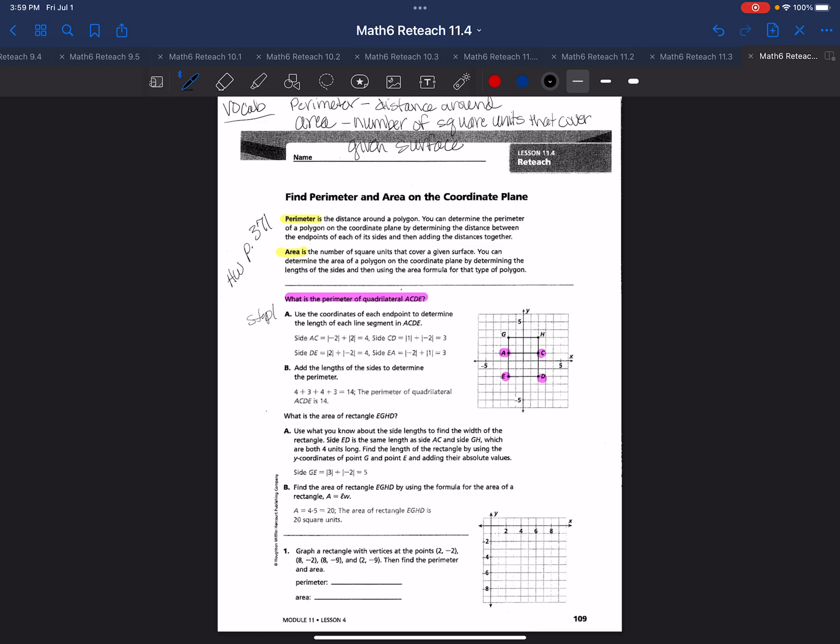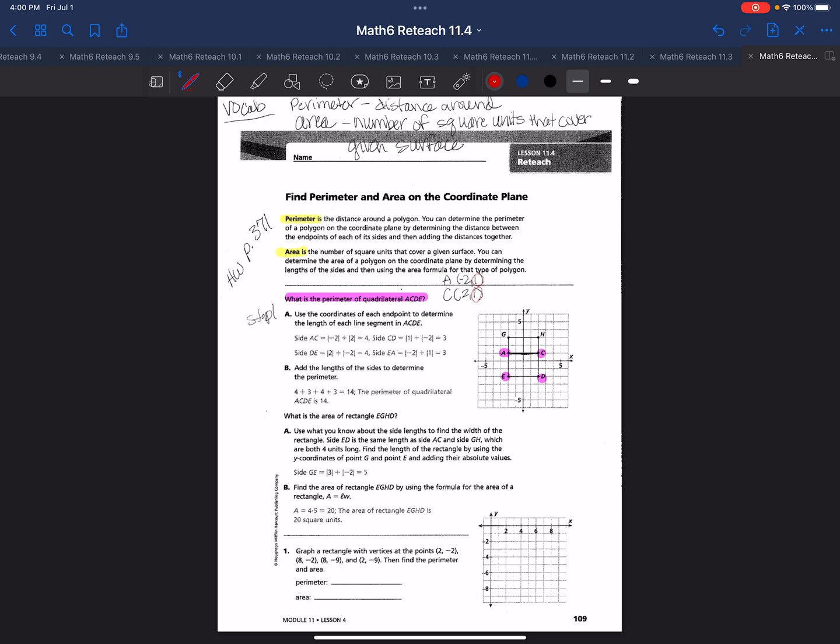So first I'm going across here, I'm going to do A and C. I know A has the coordinates -2, 1, and C has the coordinates 2, 1. And if I notice here, they have the same y-coordinate.